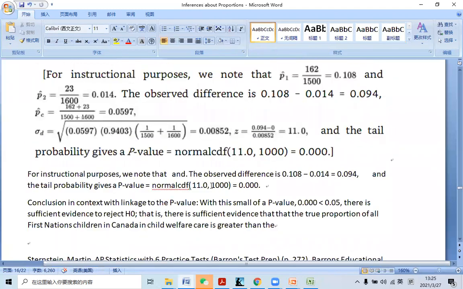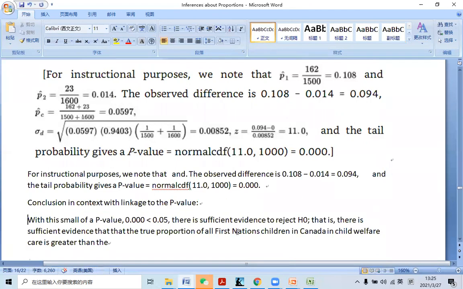And then what's your conclusion? Your conclusion, in context: with this small p-value that is smaller than 0.05, there is sufficient evidence to reject the null hypothesis.